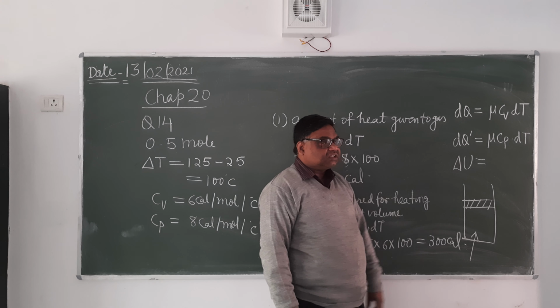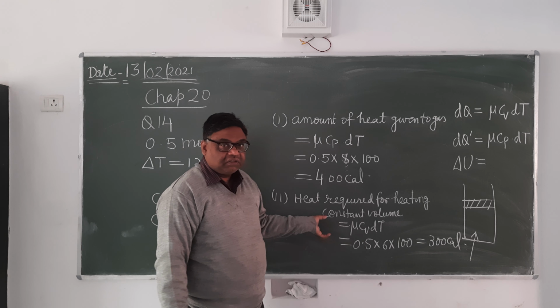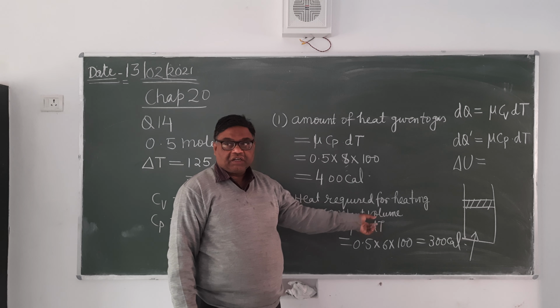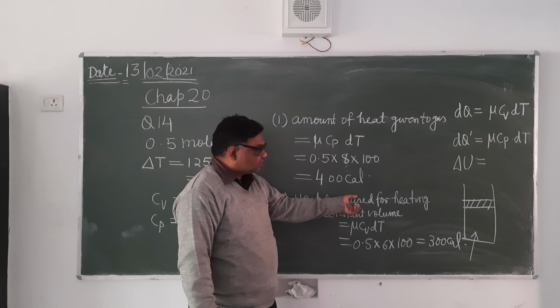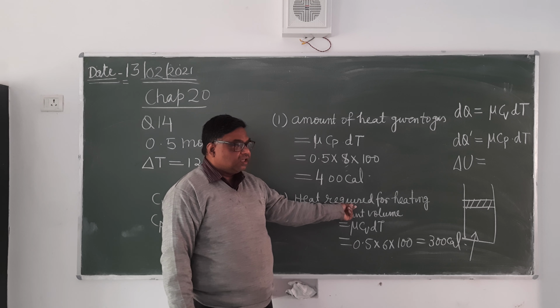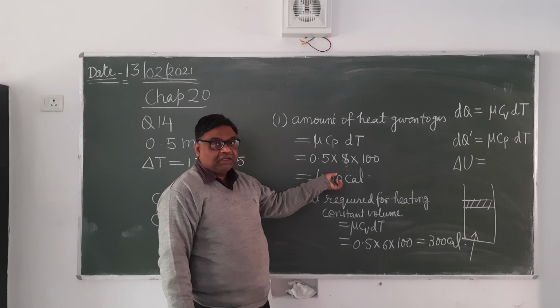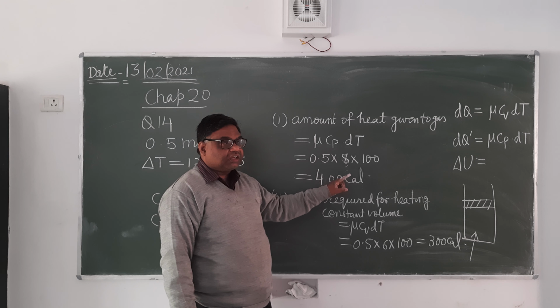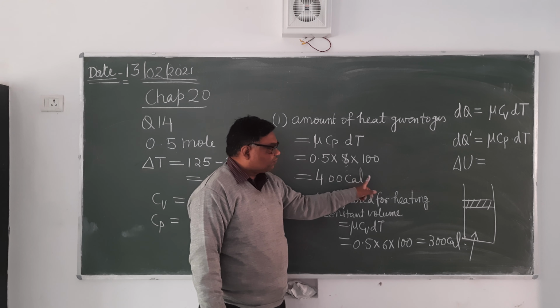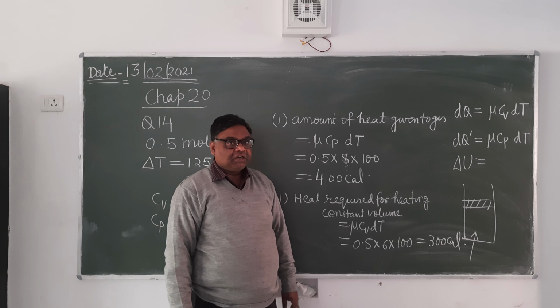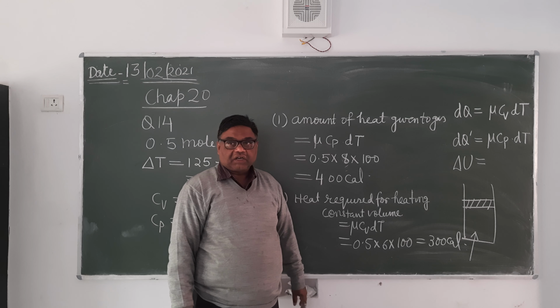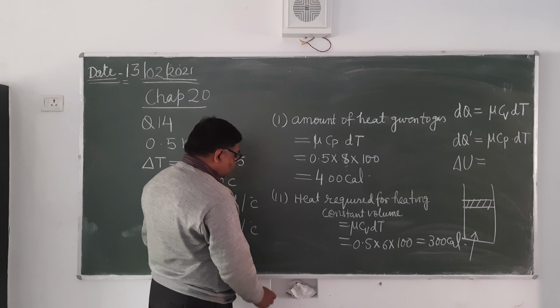Rise in temperature किस हीट के कारण होगा? इस 300 कैलोरी के कारण. क्यों? क्योंकि ये केवल किसके लिए यूज कंज्यूम हो रही है? हीटिंग. This is the total amount of heat which is consuming for two things, one for heating and other for doing the work, it's clear. So what will be internal energy?